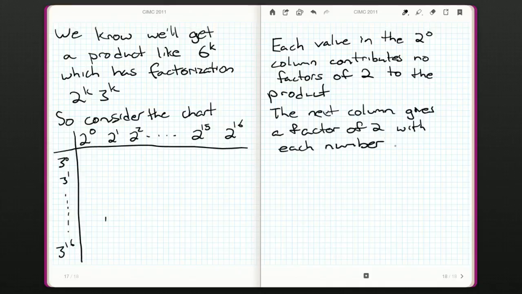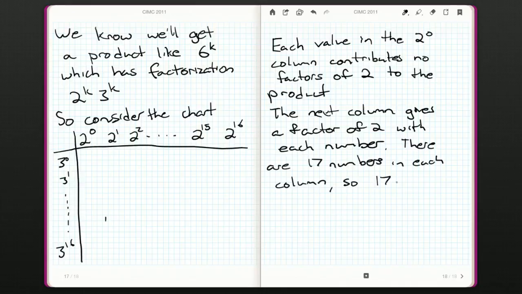every number in the 2 to the 1 column contributes a factor of 2 to the overall final product. Right?